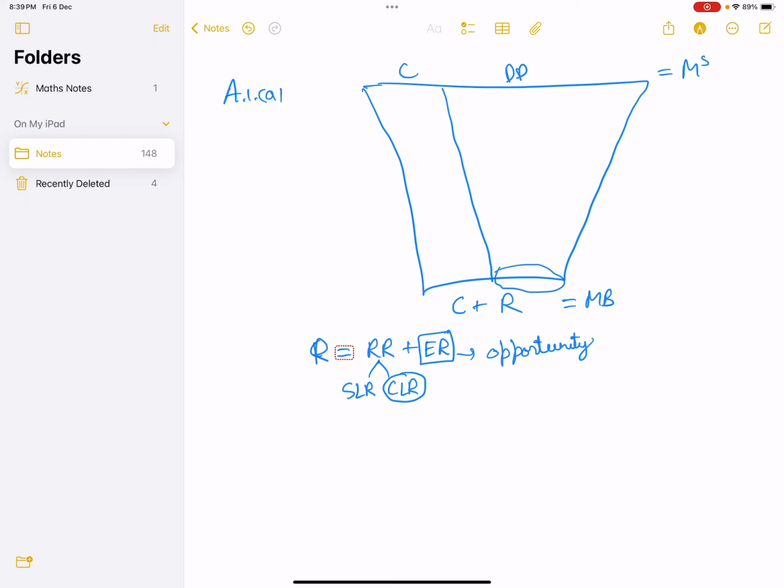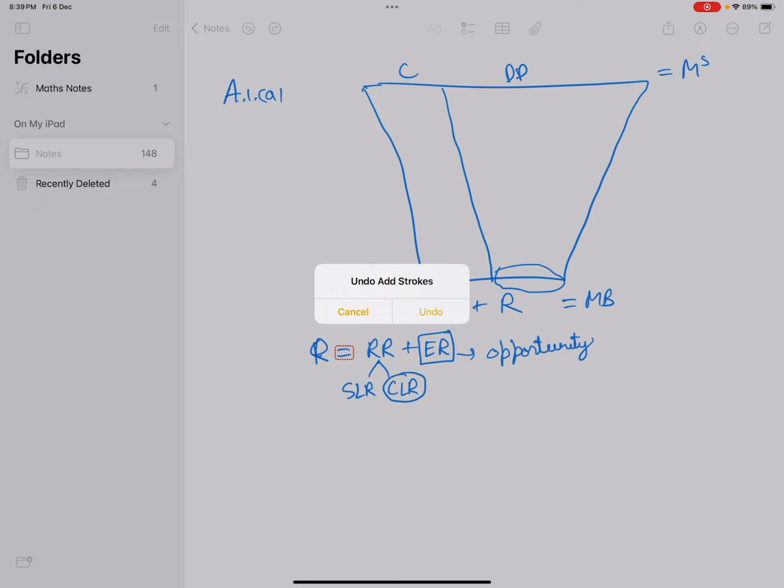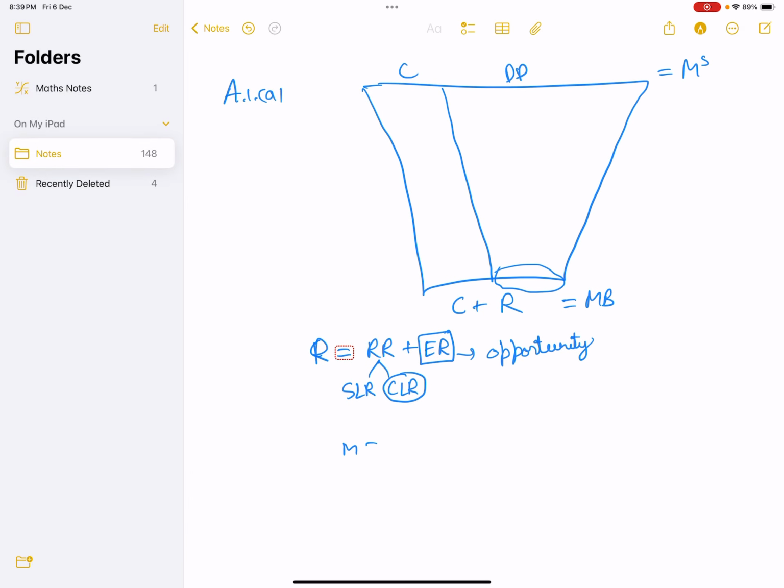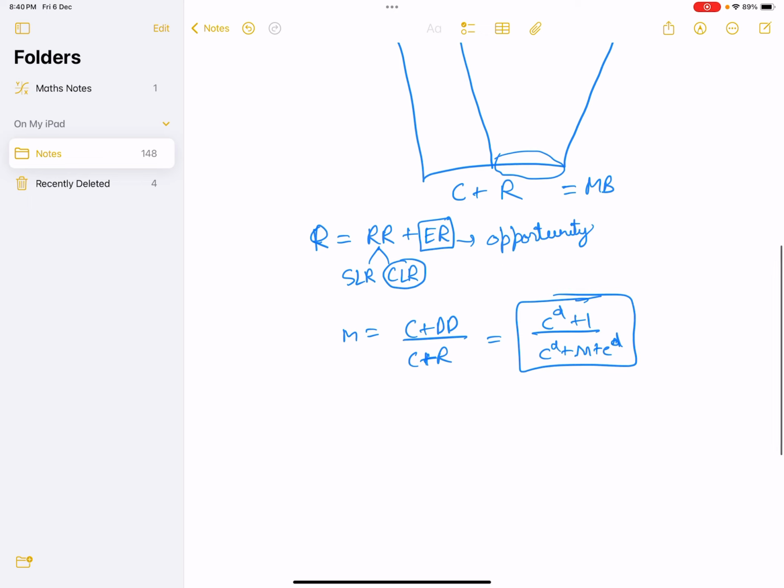So the money multiplier in this case is m equals (C plus D) upon (C plus R). Dividing everything by demand deposits, we have (CD plus 1) upon (CD plus RR plus ER or ED). So this is the complete money multiplier.